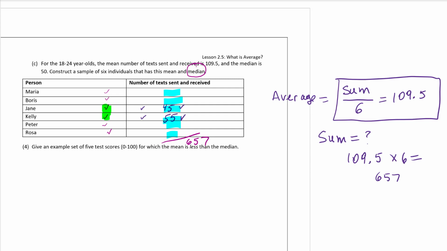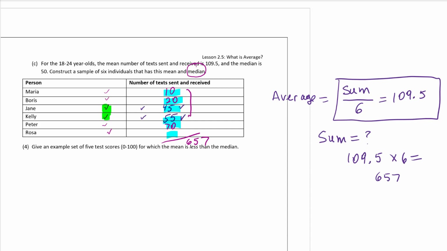Now listen, since we know that the sum is 657, we can come up with whatever we want as long as two numbers are less than 45 and the other two numbers are more than 55. So we can choose a number like 10, a number like 20, a number like 70, just randomly.